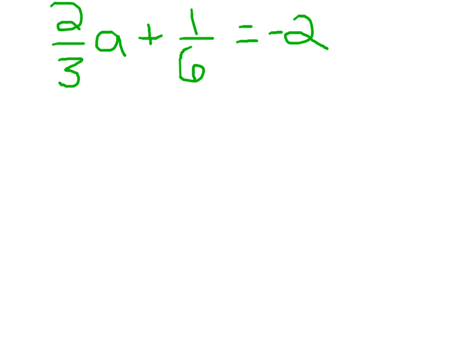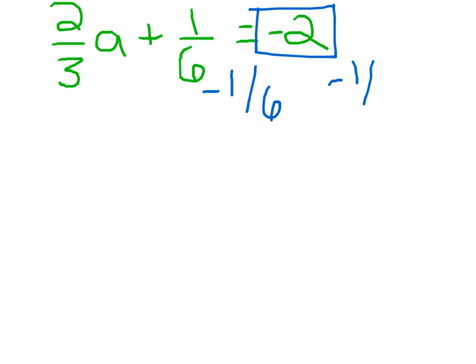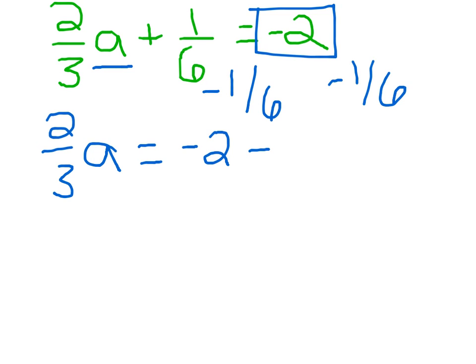The second problem we are going to do for our absolute values is when our absolute value equals -2. Our first step is to subtract 1/6 over, and whatever we do to the left, we have to do to the right. Now, remember, we are trying to isolate our variable A. So, we get 2/3 A equals -2 minus 1/6. Once we get to this step, we know we need to find a common denominator on the right side.